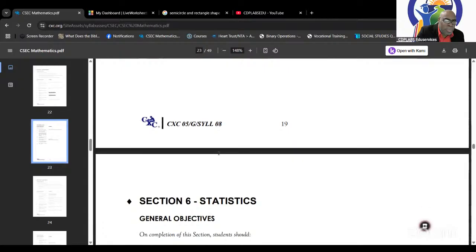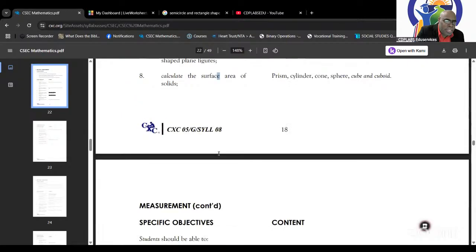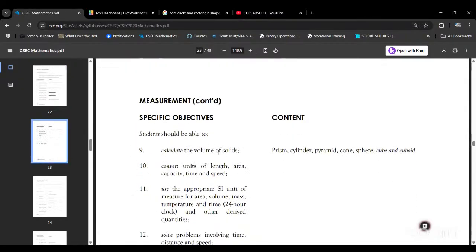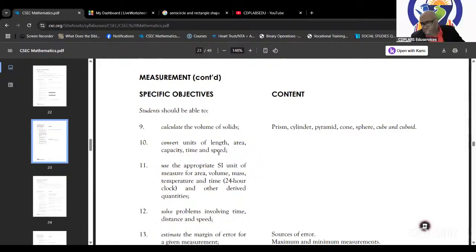So these objectives, we'll go through measurements quite nicely. Now, the volume of the solids is easy because the formulas are given in the exam. Next class we could make these solids and discuss how we'd find the volume of solids.